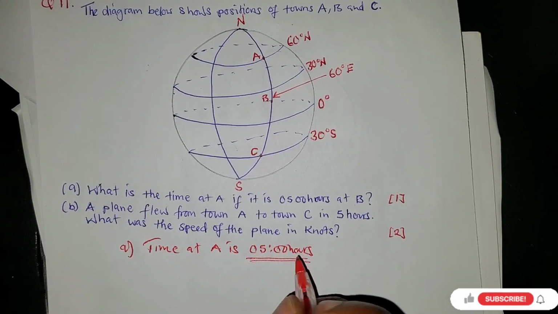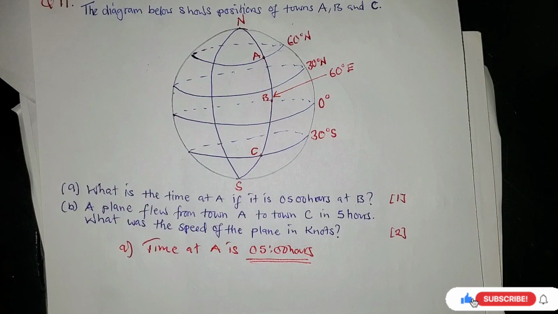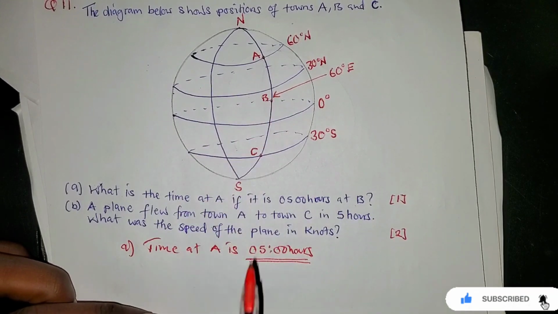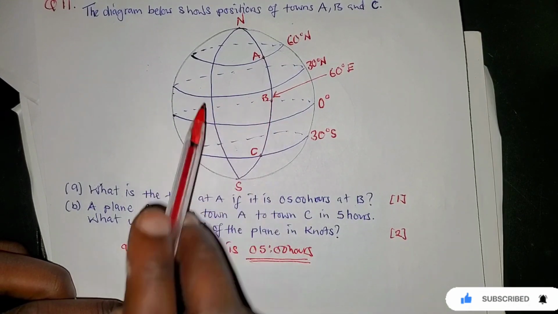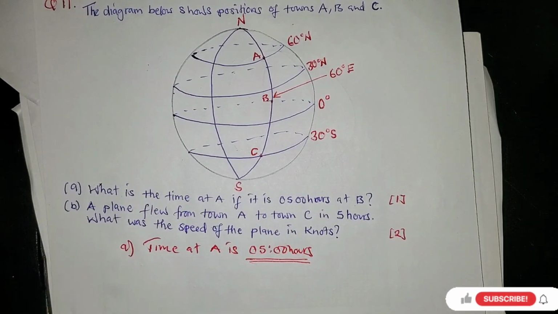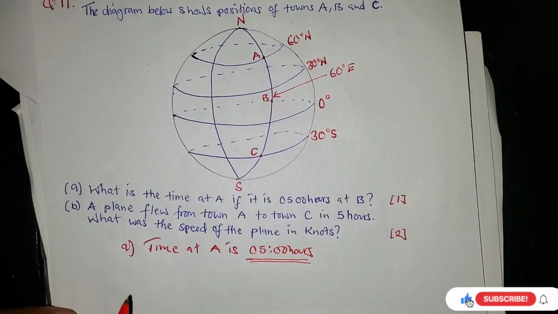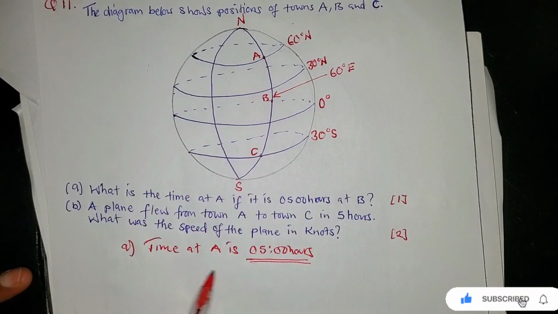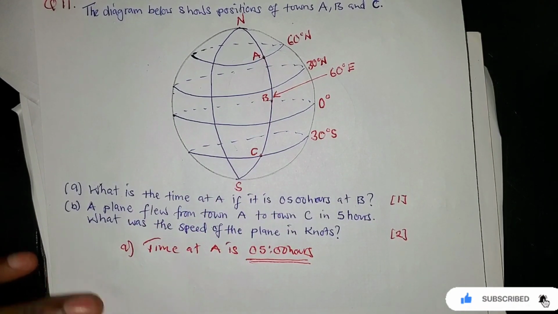Because these two are on the same longitude. If they were on different longitudes, that's when you would have calculated the time difference in longitude, and then we calculate the time at A. But since they're on the same longitude here, time is just the same as 05 there.